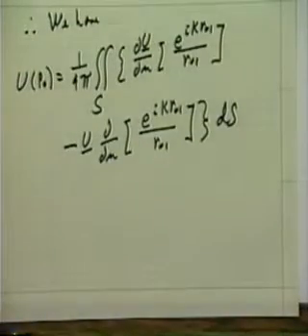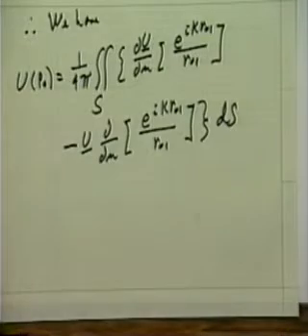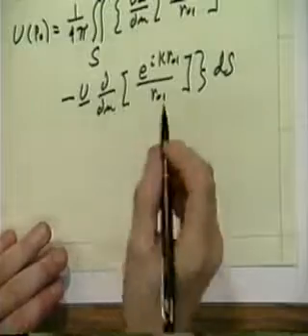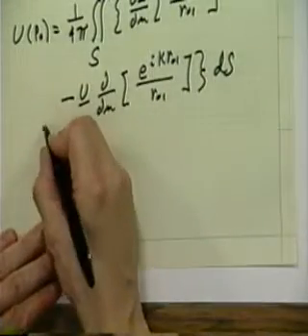So we've gone through a lot of pain and suffering to get here. You have to wonder if it's worth it, but have faith it will be. Anyway, this is what we call the integral theorem of Helmholtz and Kirchhoff.